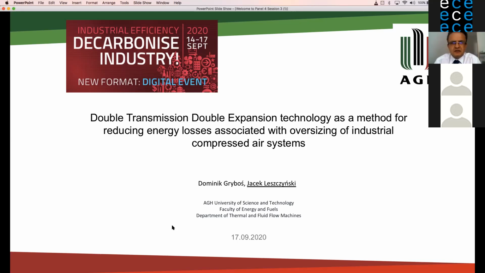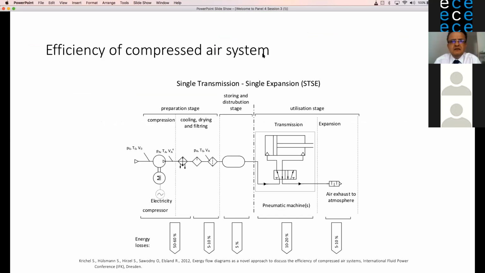If you look at the classical energy efficiency of compressed air systems, we can divide the energy losses into some parts. We focus in our solution on the utilization state, so we neglect some analysis at the moment. If possible, I can explain, of course.